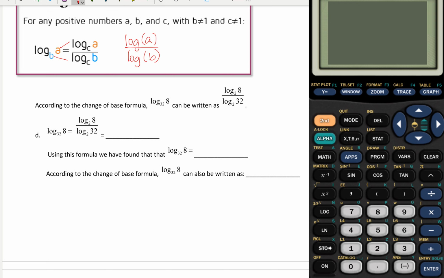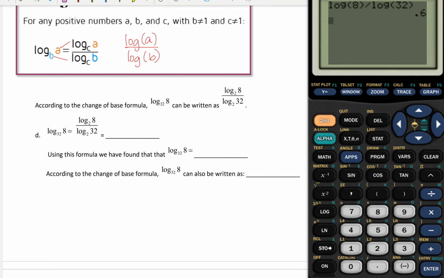So we're going to actually take this and plug it into our calculator. That's overly complicated. I don't like the way that was explained. Technically, those 2's don't even matter. We don't need them. Really, all you need to do is say log of 8 divided by log of 32 equals 0.6.